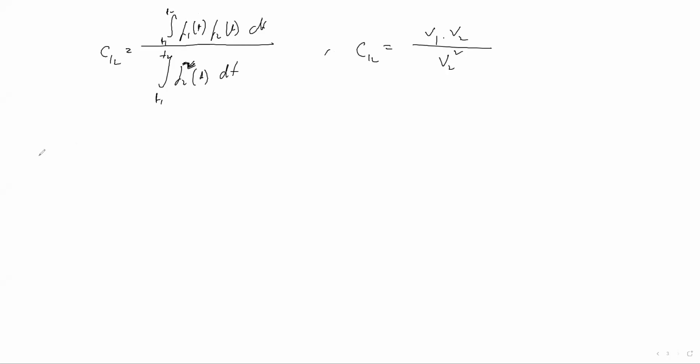Here you can say two signals are orthogonal like this. Vectors are orthogonal when the dot product is 0, that is, they are perpendicular.